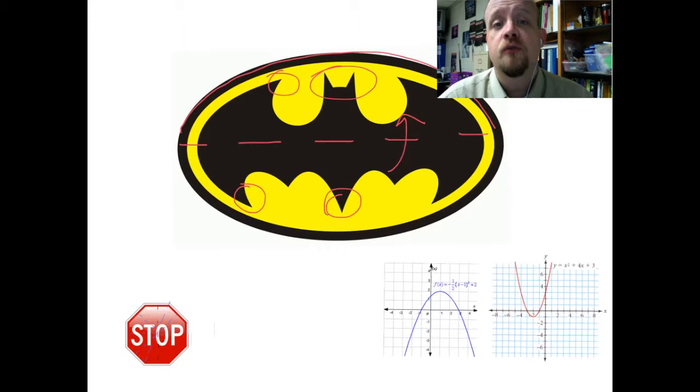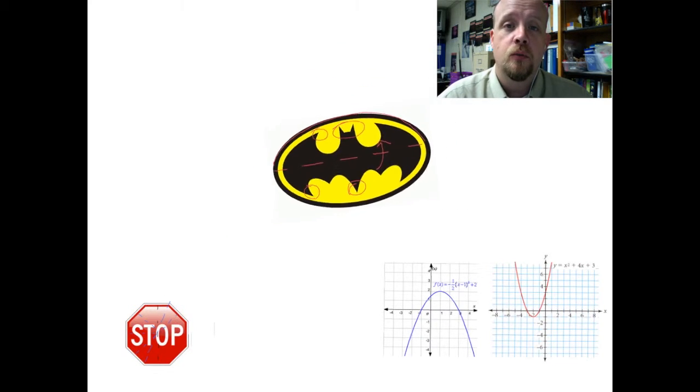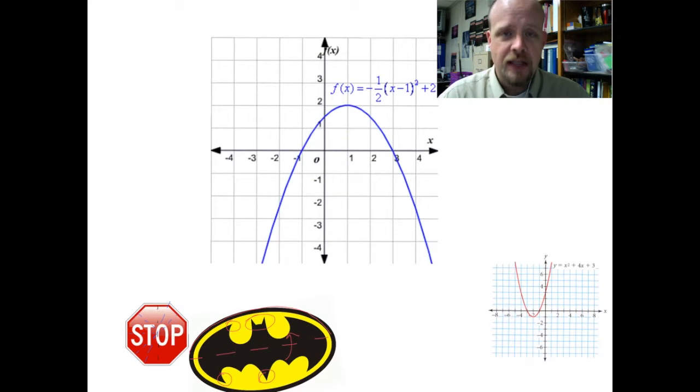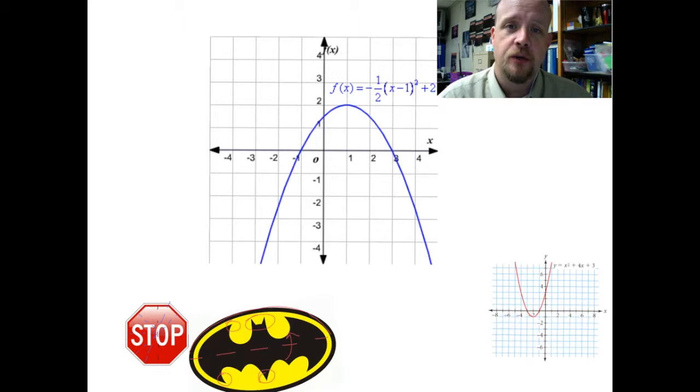Lucky for us, most of what we're doing deals with simpler things, specifically graphs and parabolas. These parabolic graphs are super easy to work with because they only have one axis of symmetry. Every time, that axis of symmetry runs vertically right through the center of the graph, just like these do.